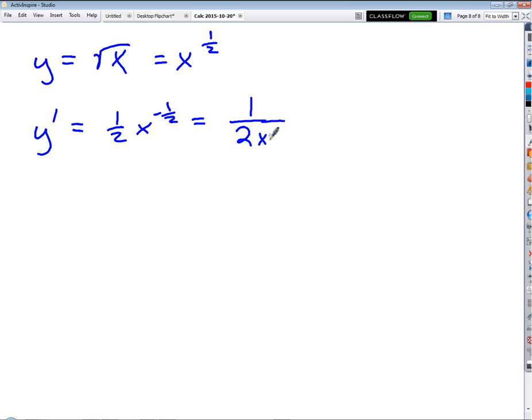So the negative puts it on the bottom, and then an x to the 1/2 written as a radical would be what? Square root. Okay, so I'd write it as 1 over 2 times the square root of x if I were writing it in terms of a radical. I'm not saying you have to, but what if you were, right? Okay, make sense? All right.